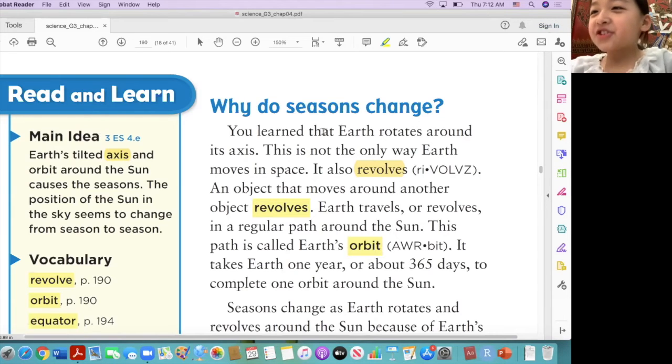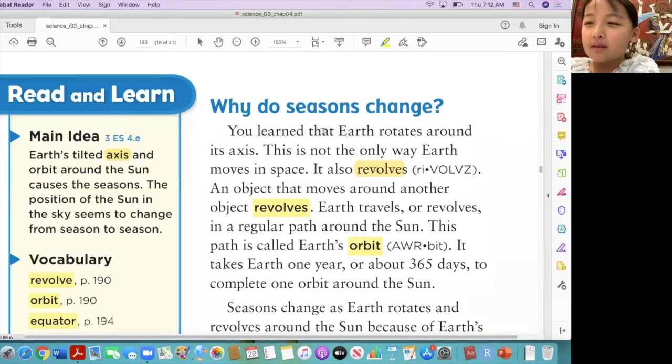Why do seasons change? You learn that Earth rotates around its axis. This is not the only way Earth moves in space. It also revolves. An object that moves around another object revolves. Earth travels or revolves in a regular path around the sun.